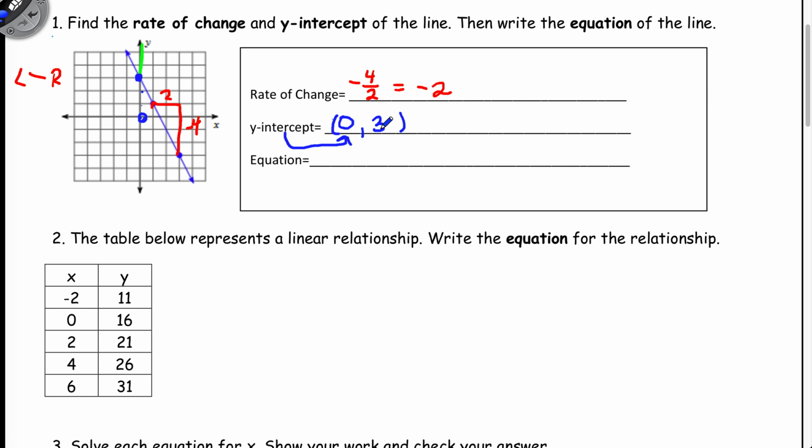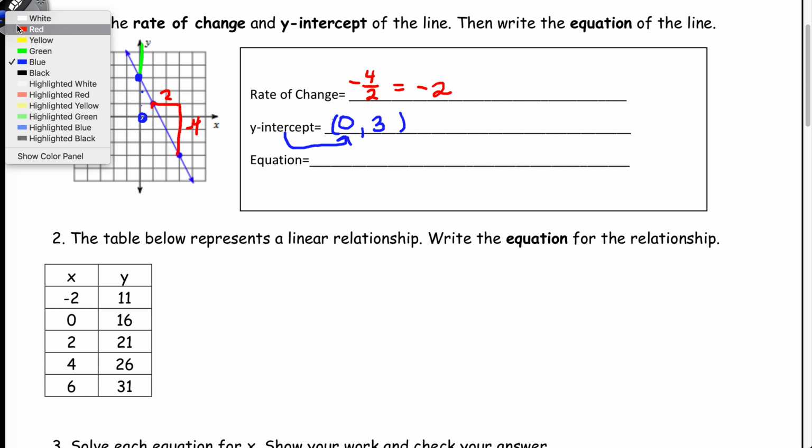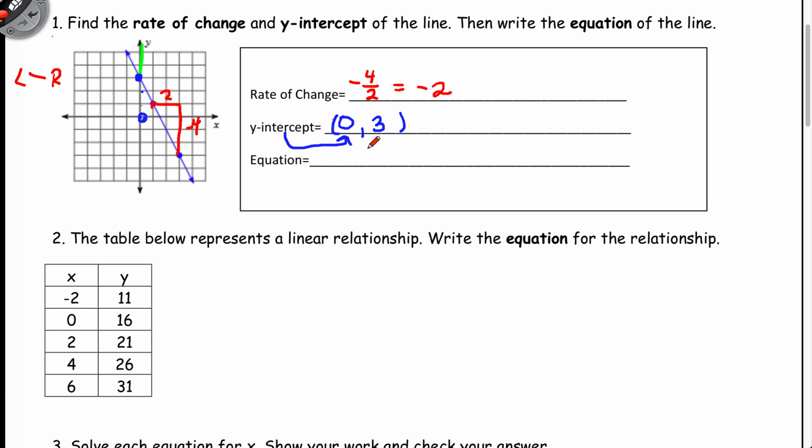So, if you're looking at a table or you're looking at an equation, if you have 0 x's, that is your y-intercept. Now, to throw together the whole equation, I've always told you it's y equals something x. Well, now there is a word for that something. So it's y equals, and I'm going to write it small here, your rate of change, and I'll put it in little parentheses, x.